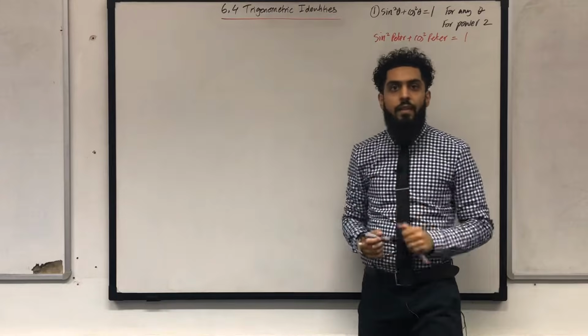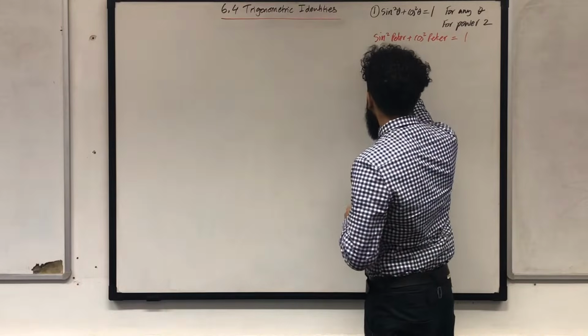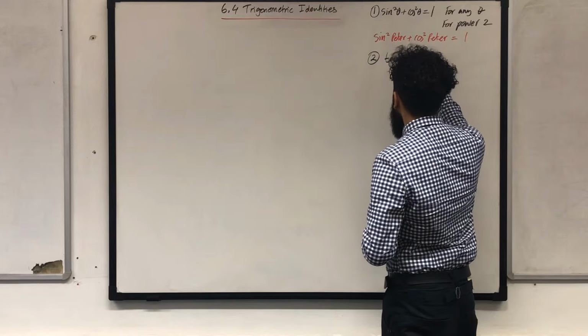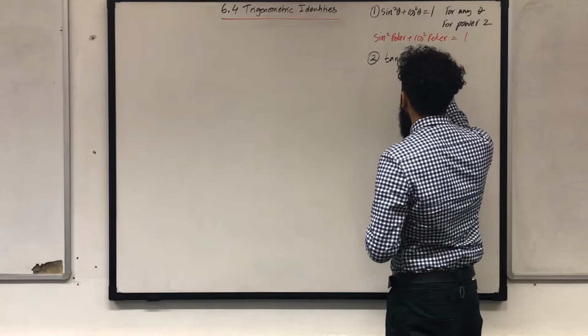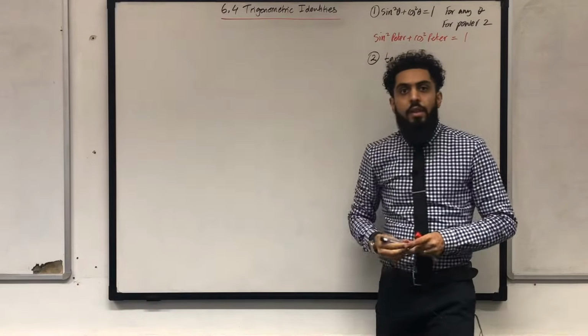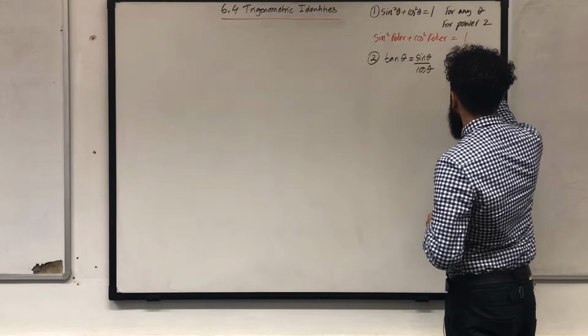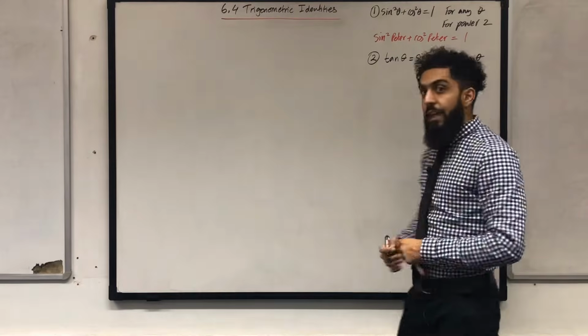Right, let's have a look at another identity. The second identity that I'm going to look at is this one over here. Tan theta is equal to sine theta over cos theta. This identity is true for any theta and for any power.